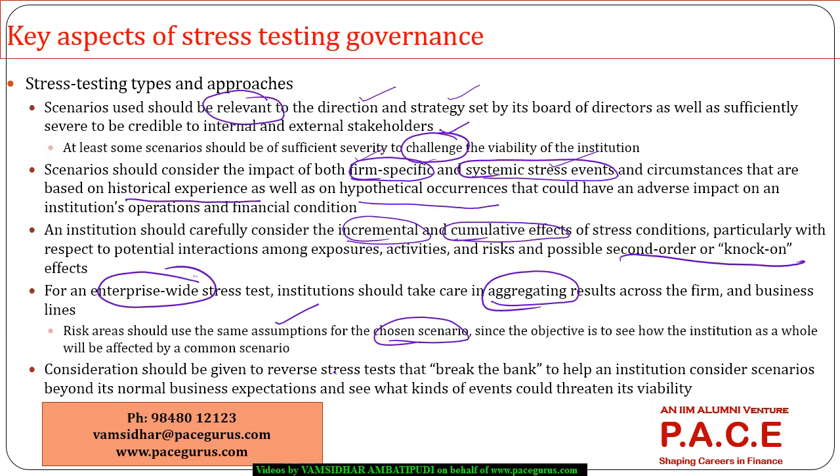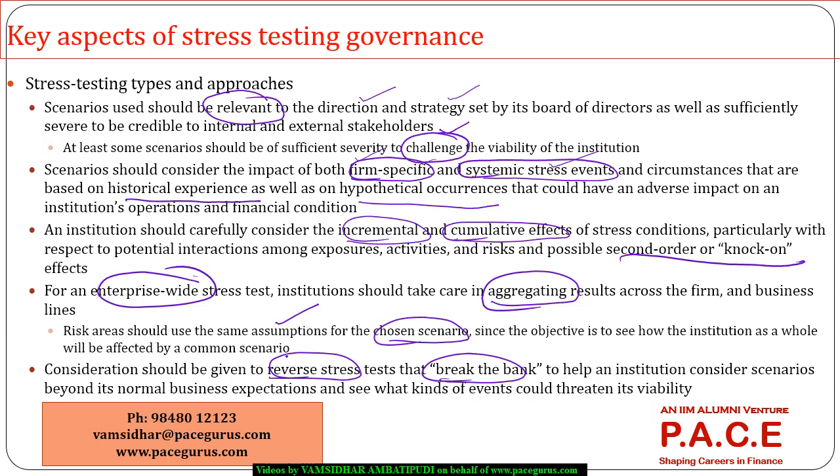And consideration should be given to the reverse stress, break the bank. So to really understand at what level, what scenario there could be a complete bankruptcy of the bank. We are going completely beyond the normal business expectation, so we really want to see a reverse engineering process here.